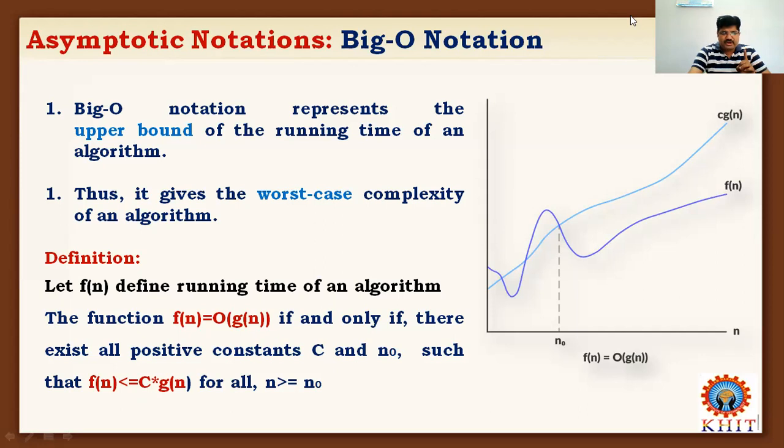It is used for the upper bound, and it gives the worst case time complexity. Why? Because the boundary is upper, that is, very large.